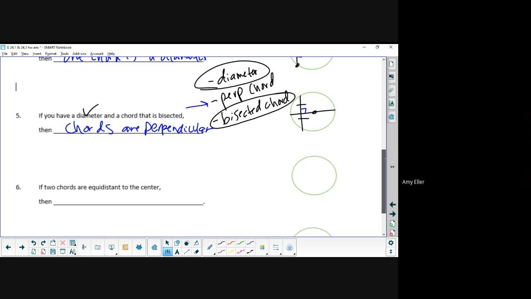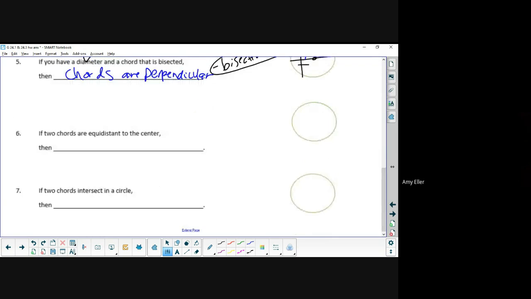All right, number 6. If 2 chords are equal distant to the center, let's start by drawing the center. If 2 chords are equal distant, I know it says equidistant, that means equal distant. Draw any chord you want, not a diameter. Pick a chord, any chord.